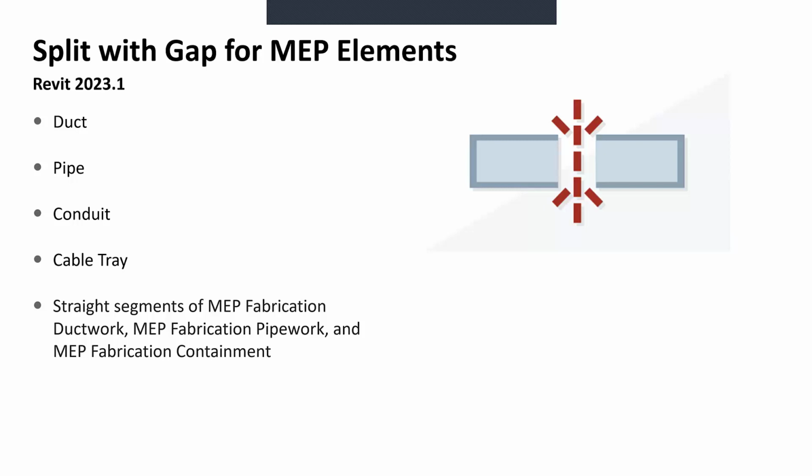There's also some fabrication improvements with this release, but I don't use fabrication personally, and I don't know anybody that uses fabrication. So I didn't include any of that stuff, but there is a link next to my name on the mural for the what's new. If you click on that link, that'll take you to all the what's new information for 23 and 23.1 that you can peruse for yourself.